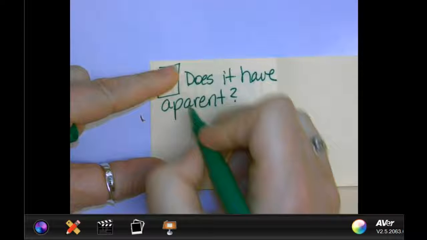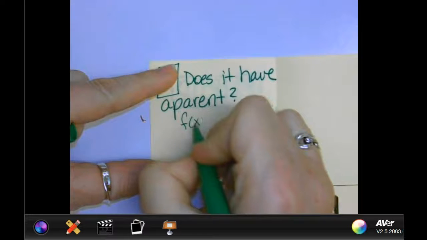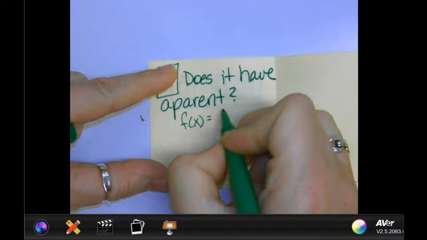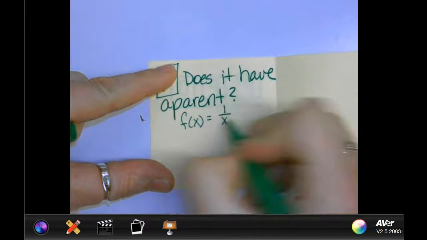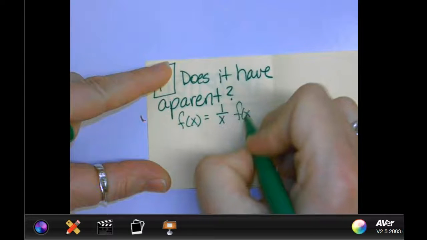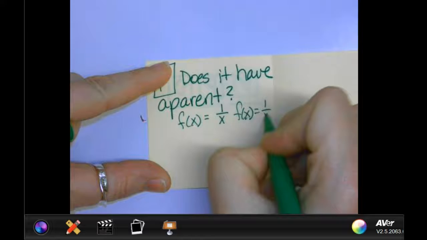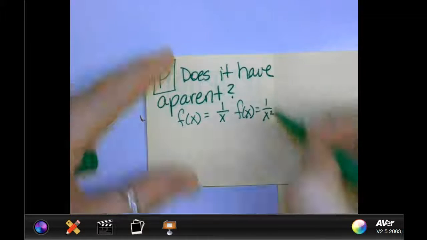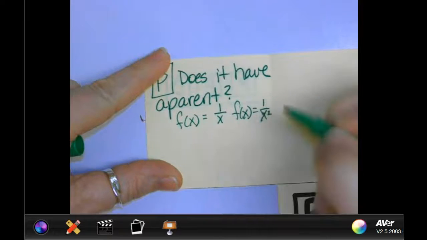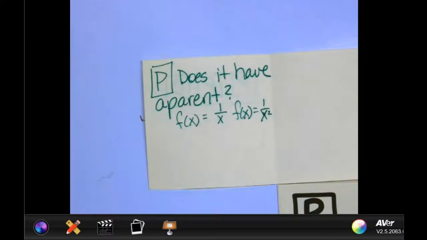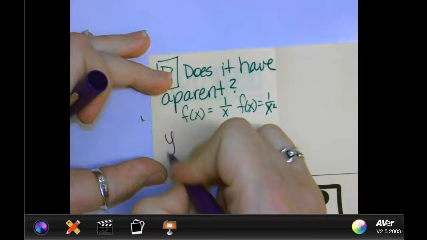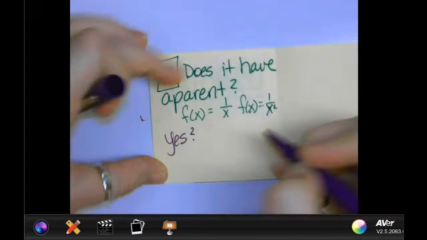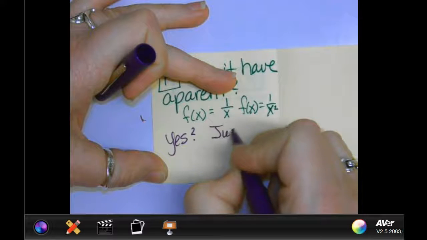And if it was, it would be like f of x equals 1 over x, or f of x equals 1 over x squared. Okay? So if it does have a parent, and it's just a transformation of one of those parent functions, then you don't necessarily have to go through the rest. If the answer is yes, then just do transformations.